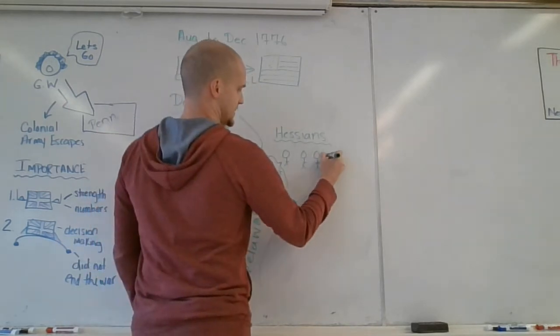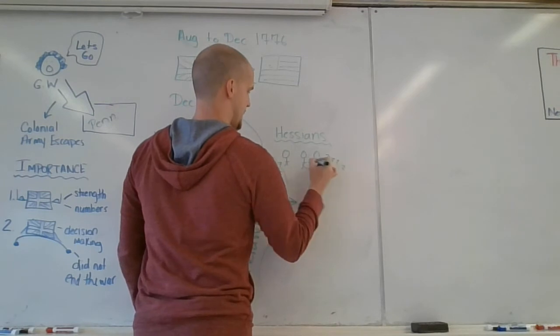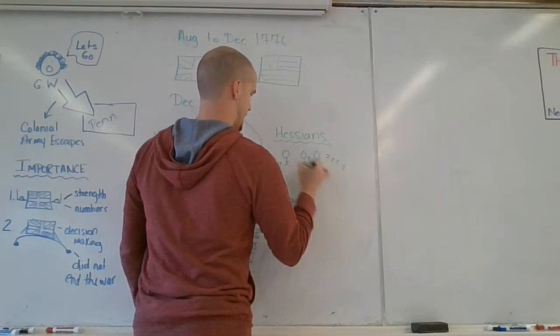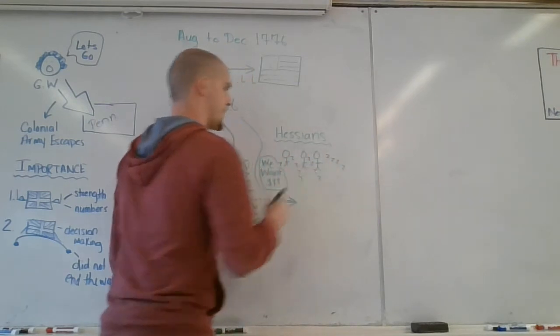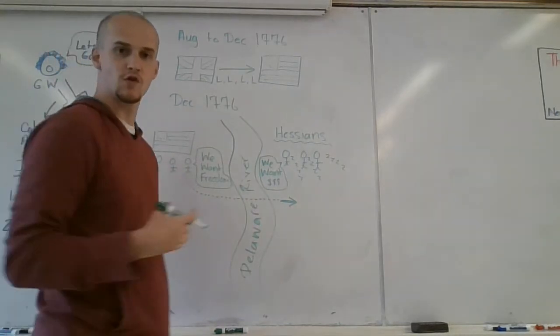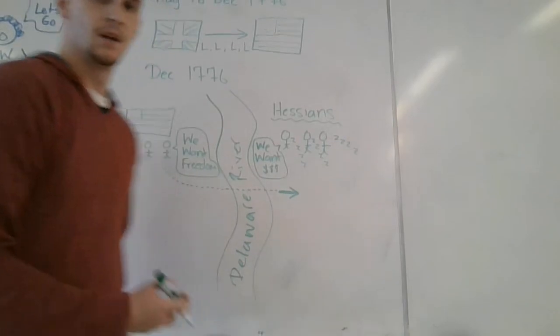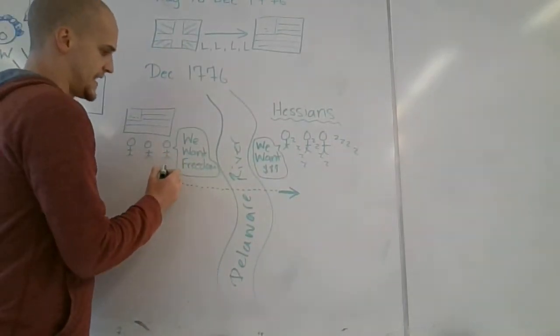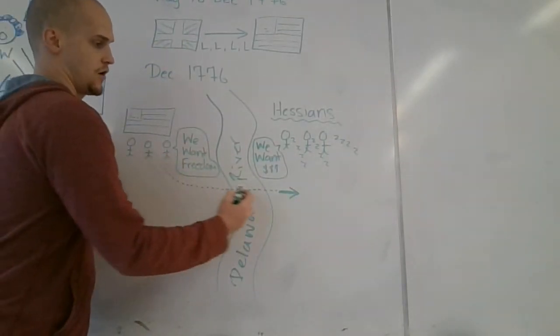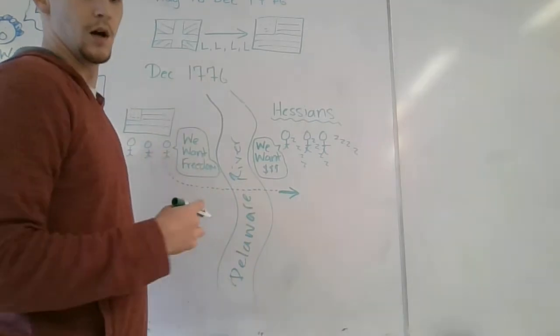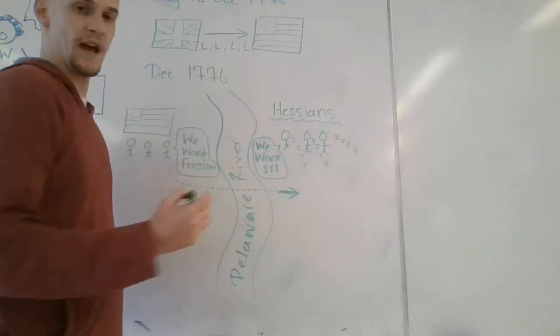This is while these guys are sleeping. So they're sleeping. They're out in dreamland sleeping. So in the middle of the night, led by George Washington, they cross the Delaware River over into Hessian territory.